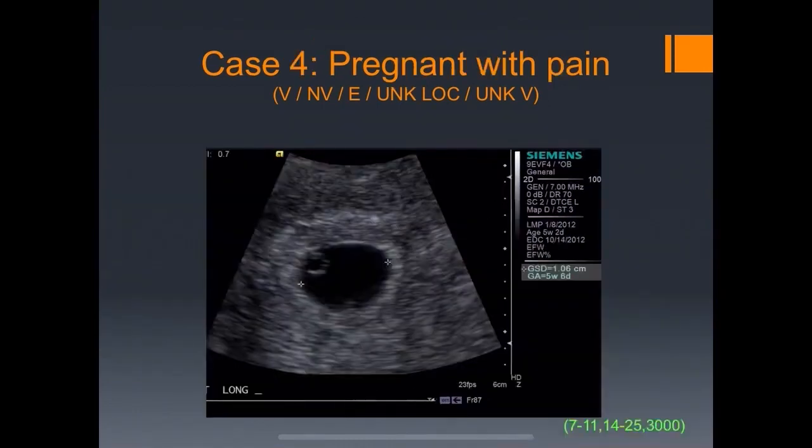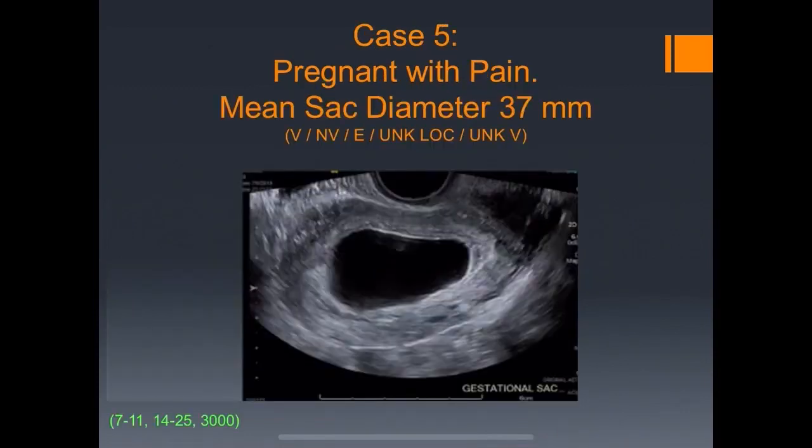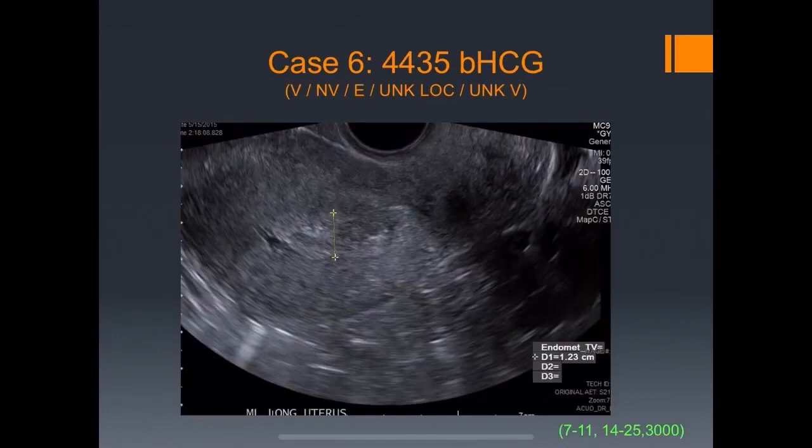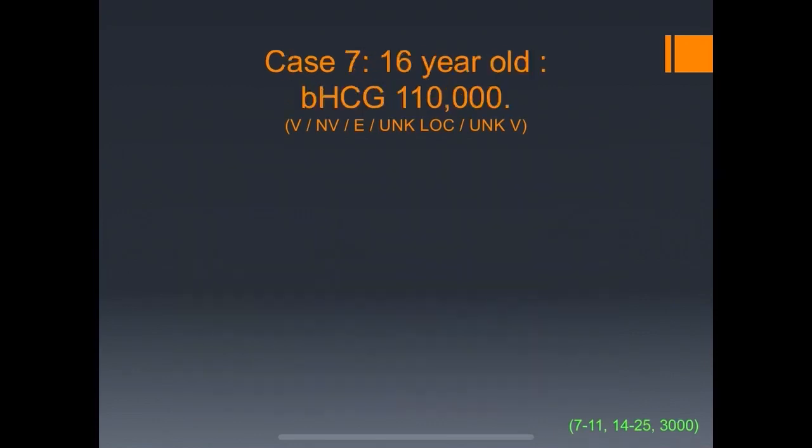Case number 4, intrauterine gestation with a yolk sac. Case number 5, we have a pregnancy with pain, mean sac diameter 37 millimeters. Case number 6, a beta of 4,435. Pregnant. Case number 7, pregnant with a beta of 110,000.